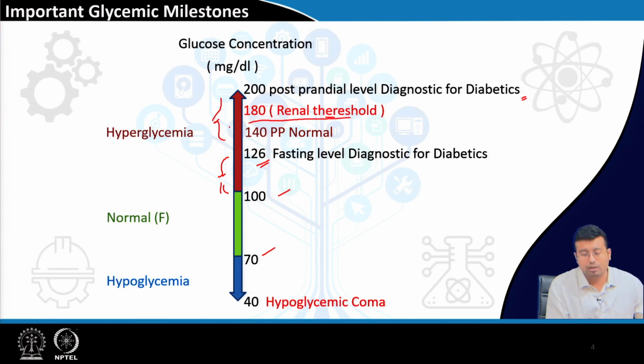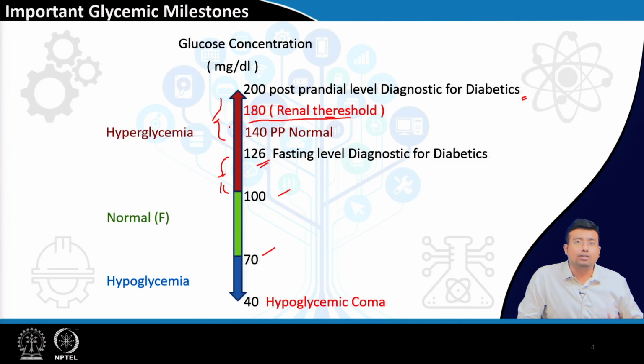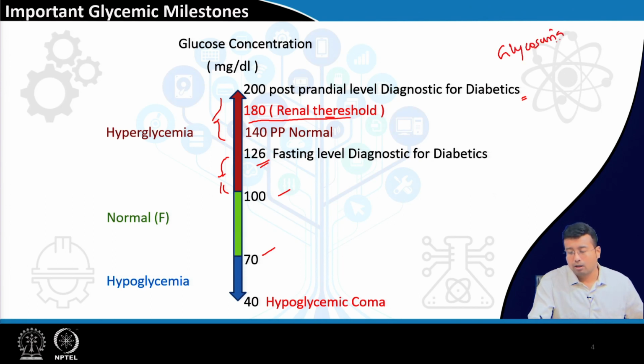What is the renal threshold? Renal threshold means generally glucose is not excreted in urine up to a certain level, right. But if the blood glucose level goes above 180, glucose will start coming out in urine, and that is known as glycosuria, right. So, our goal is to keep the blood glucose level below 180.